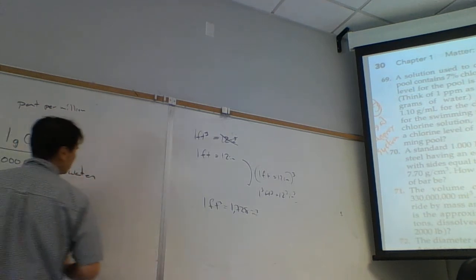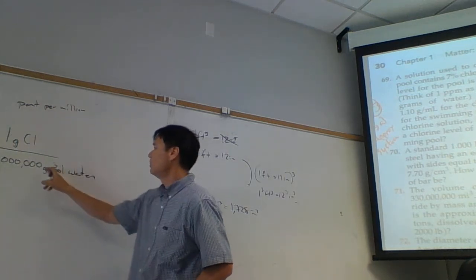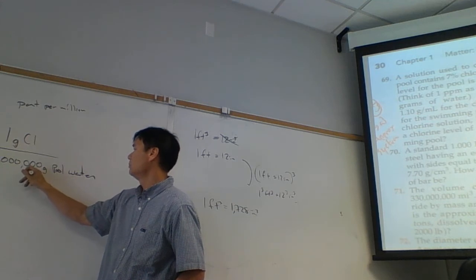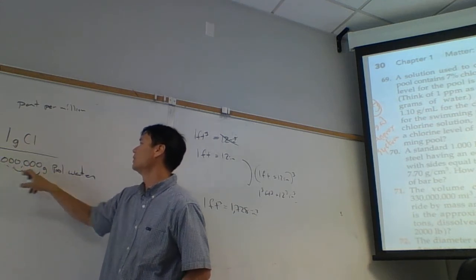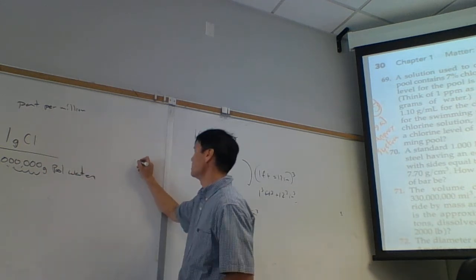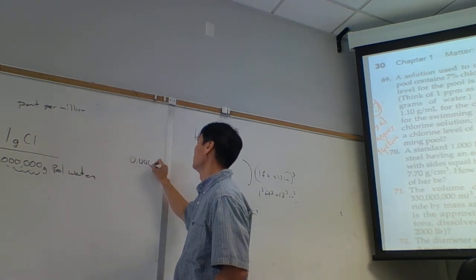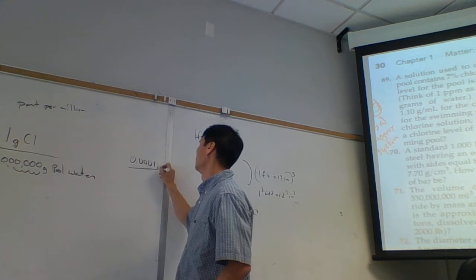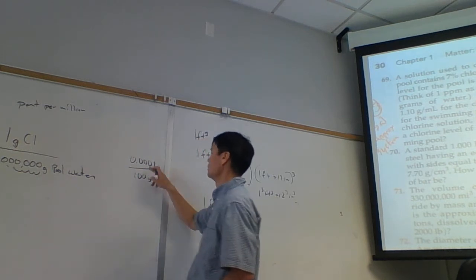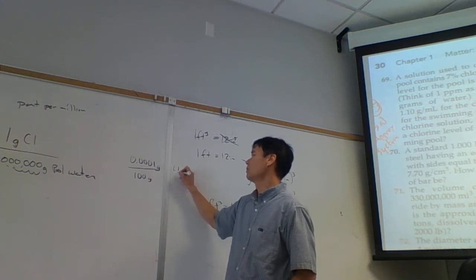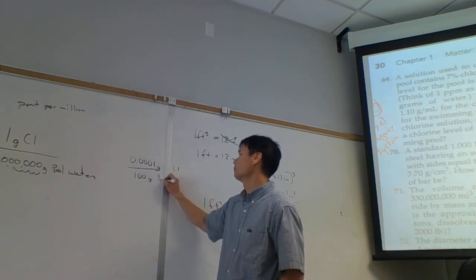If we did this in parts per 100, what we do is we move the decimal place 1, 2, 3, 4, 5, 4 places over. If we move the decimal place 4 places over, it would look like this. And so this would be 0.0001 grams of chlorine per 100 grams of pool water.